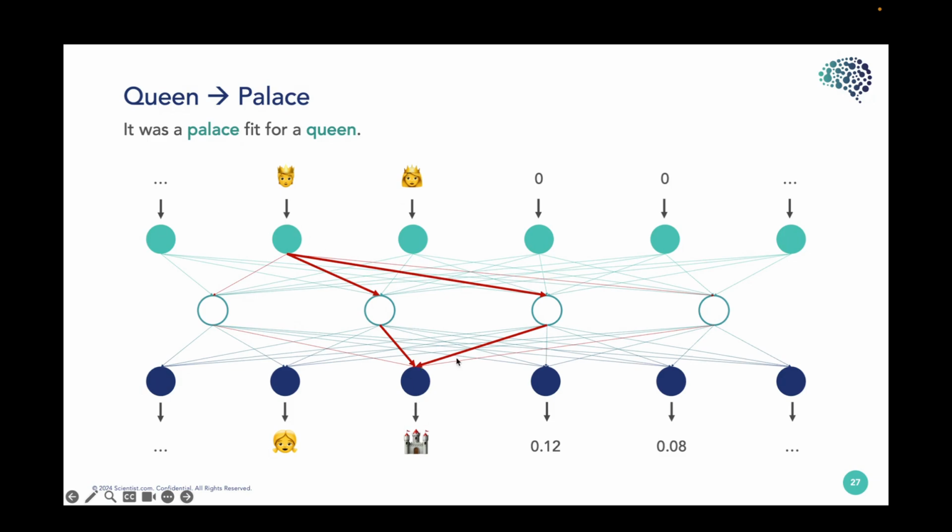So it's going to reuse these weights. To do that, it's going to strengthen the weights here, which is going to basically conceptually draw queen closer to these nodes than it is to other nodes.